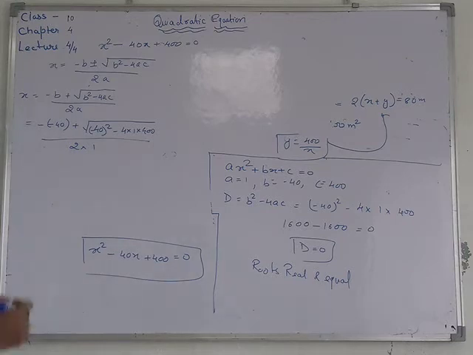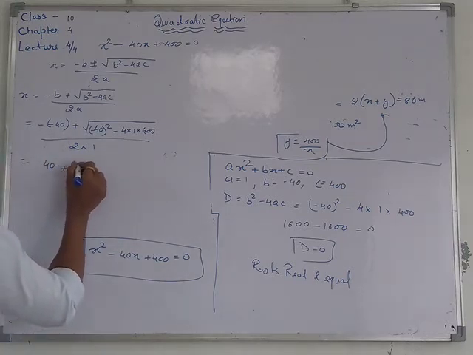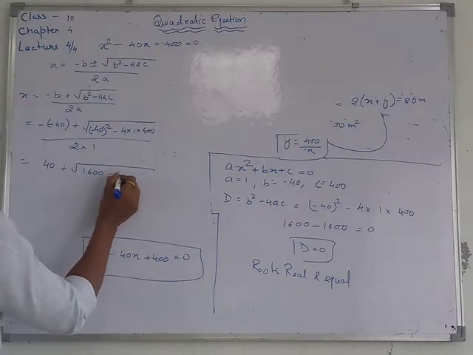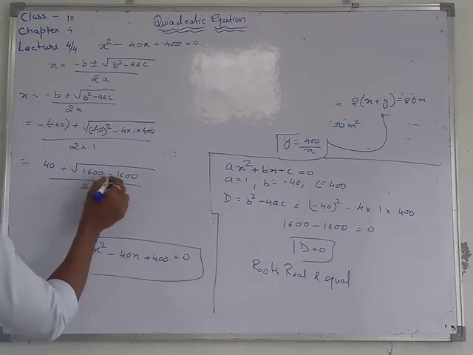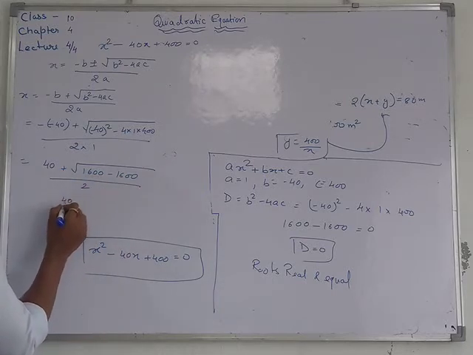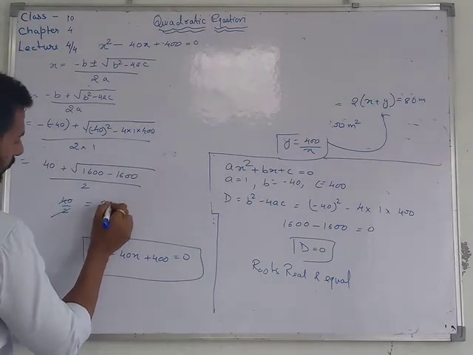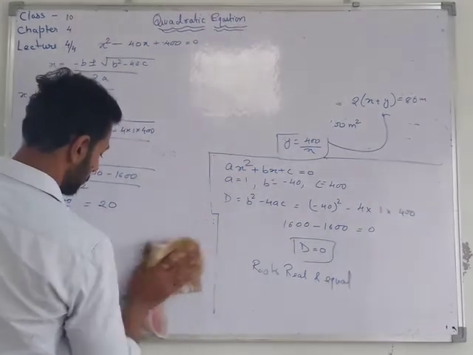Minus into minus will be plus, 40 plus under root of 40 square is 1600 minus 1600 upon 2. This will be 0, so 40 by 2 cancels out, it will come out to be 20. So x is equal to 20 is the answer.